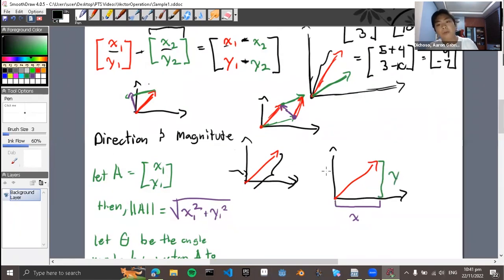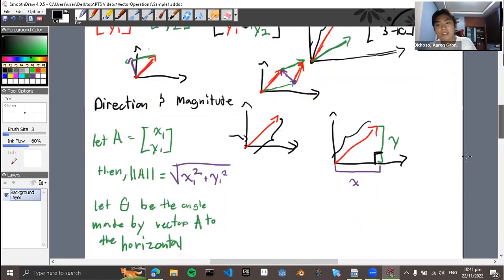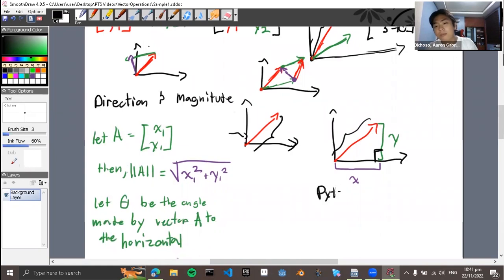Therefore, if we want to get the magnitude, we just need to find the length of this. Now that sounds very familiar, diba? Because this forms a right triangle. Therefore, we could use the Pythagorean theorem nung grade 8 pa. Tagal, diba? The Pythagorean theorem.